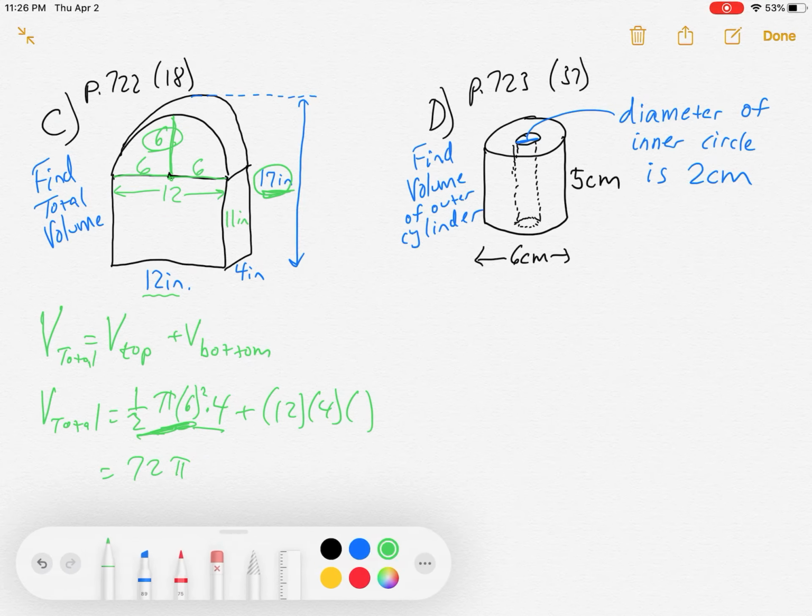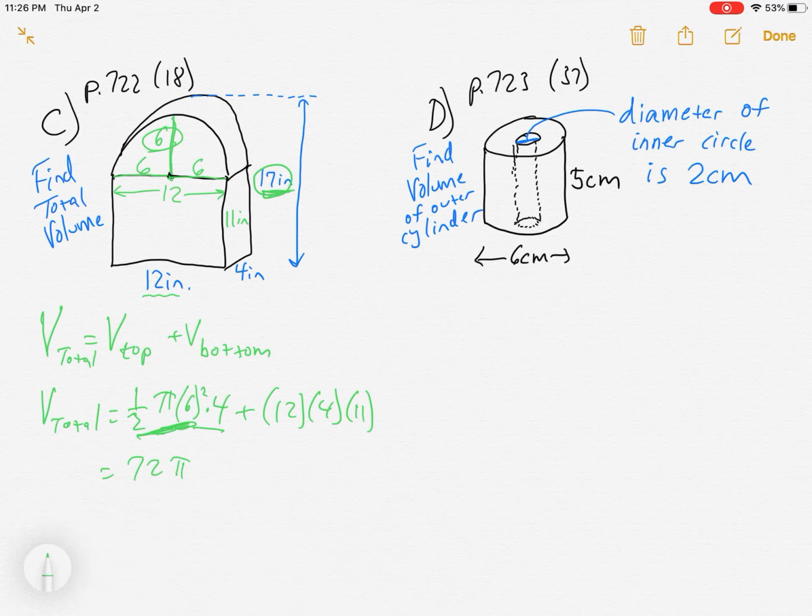Times 11 would be, didn't write this down, what is that, 121, 484. See if that's what the book says. Plus 72 pi. Oh yeah, this is not right.